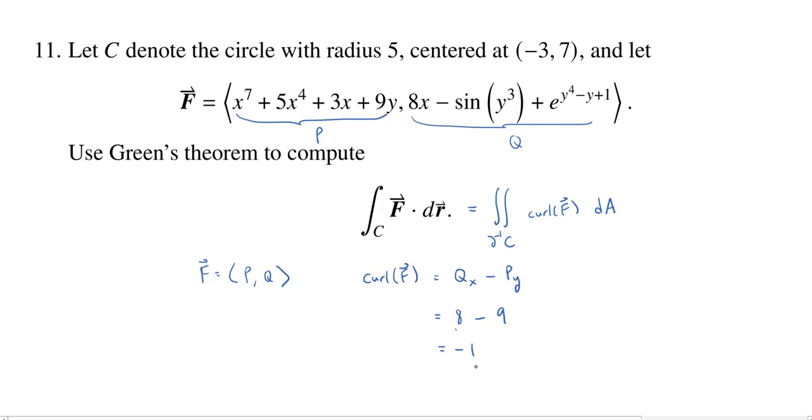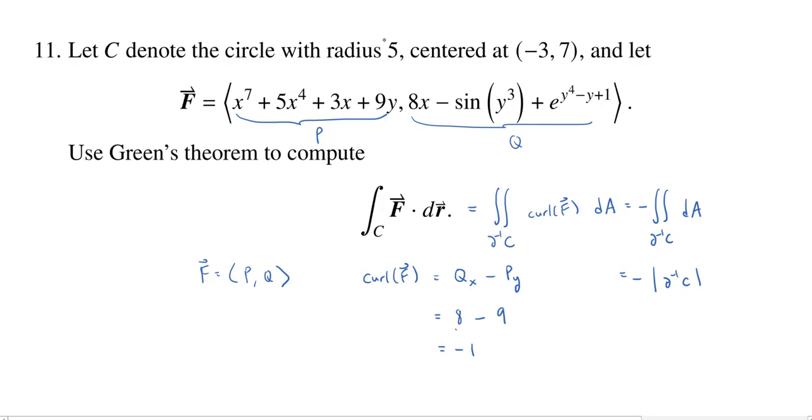Wow, that's really wonderful, because that means I'm essentially just going to be computing a double integral of the constant function 1. I can pull the negative outside. So we can rewrite this as negative the double integral dA, which just means we're asking for the negative of the area of this region inside C. Well, it doesn't really matter where the center is then.